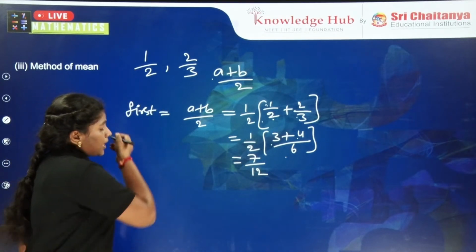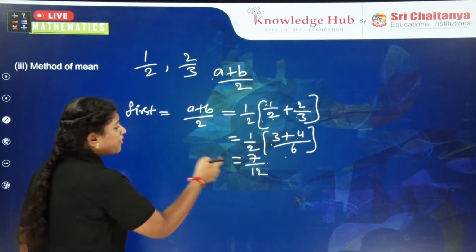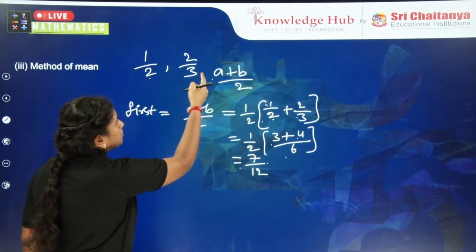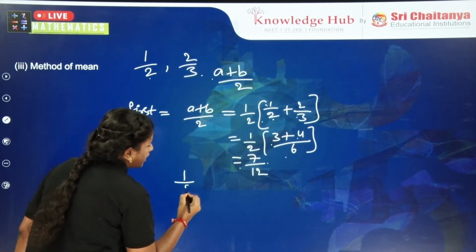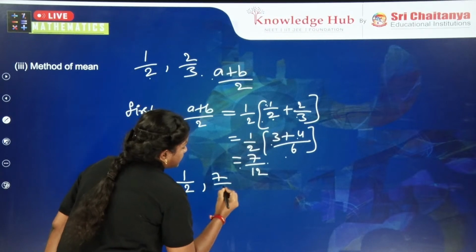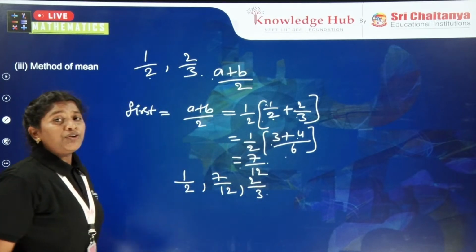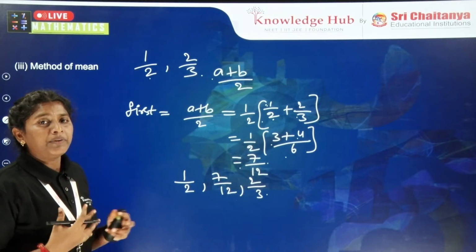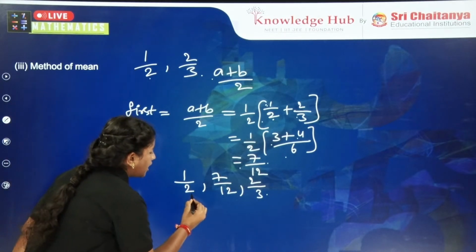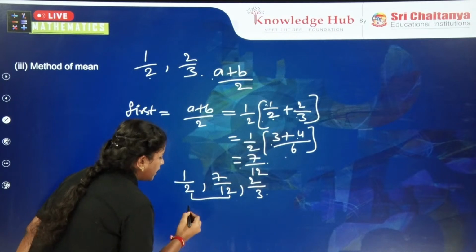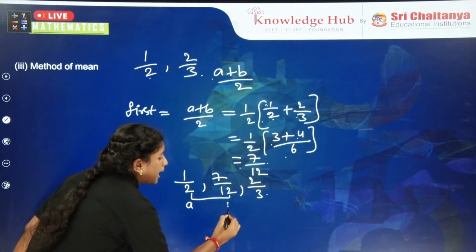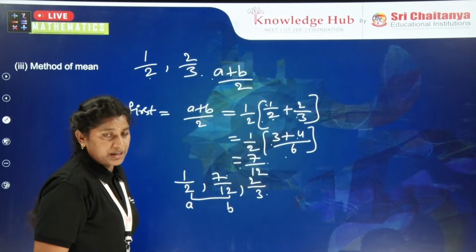Okay. Now coming to here, I am having my 7 by 12 between 1 by 2 and 2 by 3. So how can I write it: 1 by 2, 7 by 12 and 2 by 3. Okay. I need to find another rational number between them. So how can we find? Now I am going to take my a value as 1 by 2 and b value will become 7 by 12.